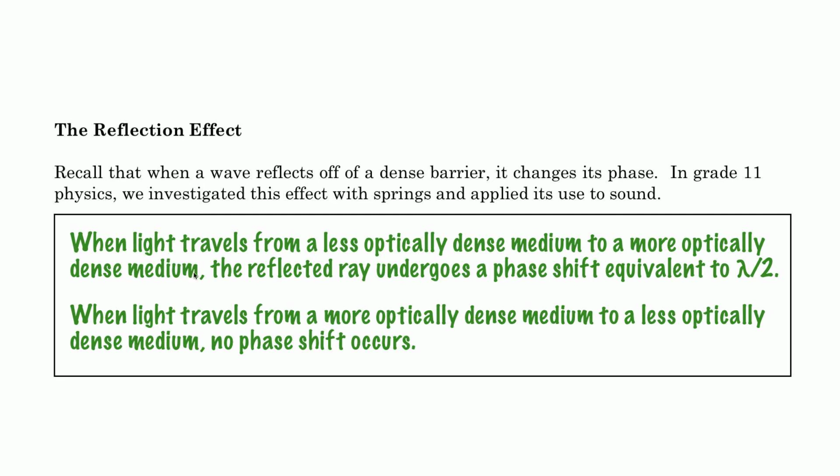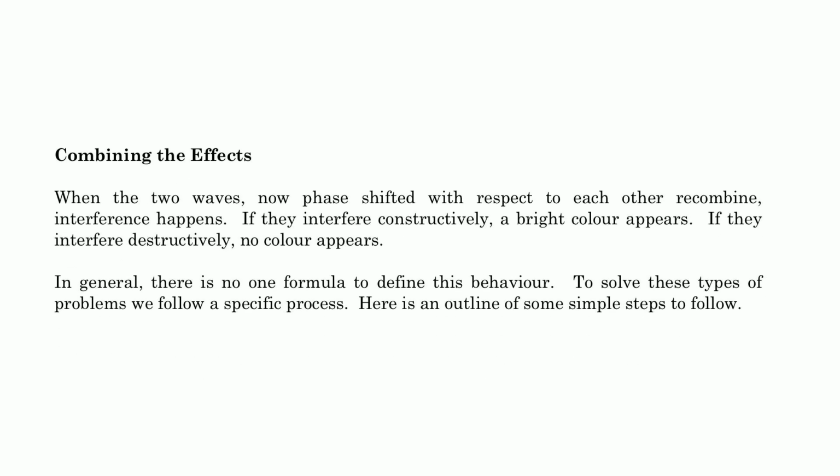So these two effects, the reflection effect and the path difference effect, we need to keep in mind when we're solving these problems. When we combine them, we're going to get an overall constructive or destructive event. And when we do these problems, there's no formula.